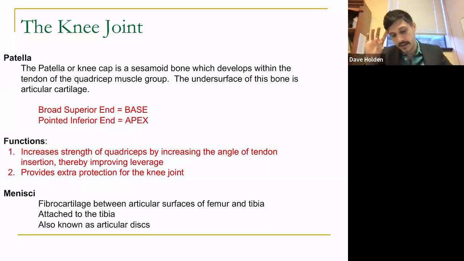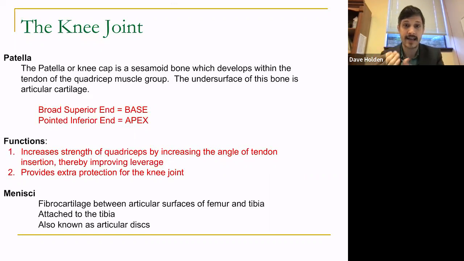So the knee, the patella itself is a sesamoid bone. That's one of the classifications of bone shapes. It lives inside of a tendon. That's its identifying feature. So the front side of the bone, its anterior side, is just pretty much solid bone. The posterior side is articular cartilage.